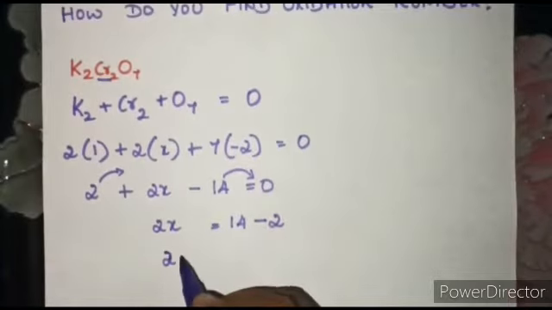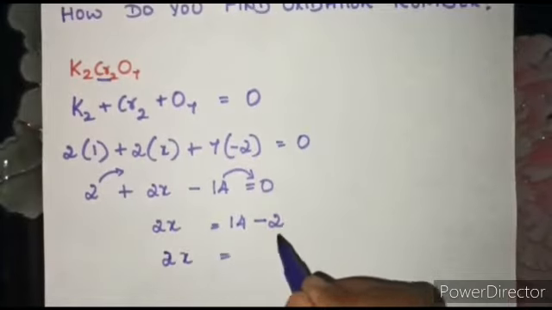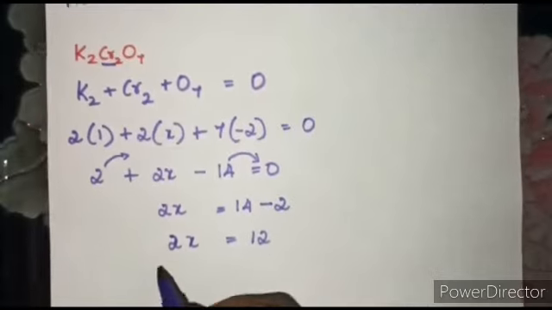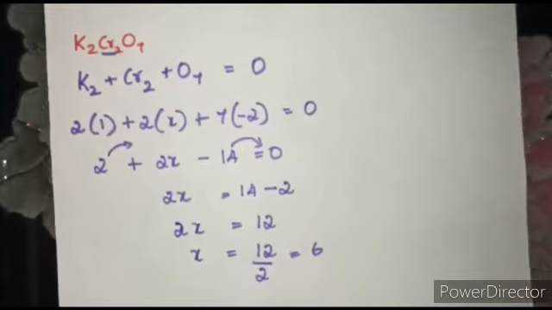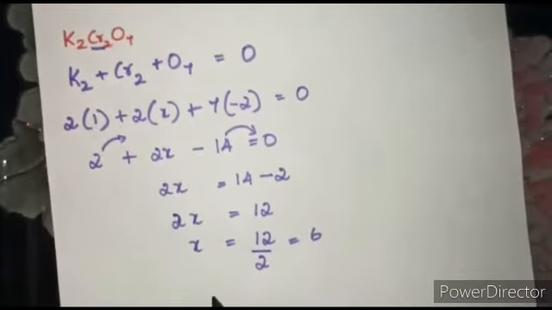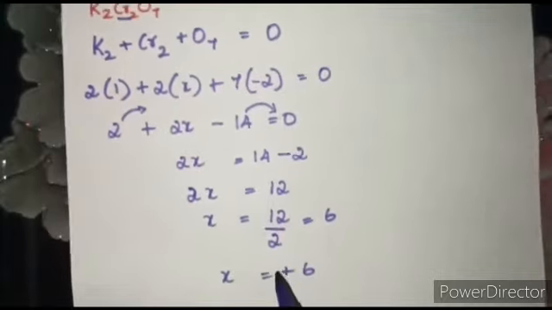Next, 2x is equal to 14 minus 2, which is 12. And x is equal to 12 by 2, which is nothing but 6. Therefore, the oxidation number of Cr will be +6.